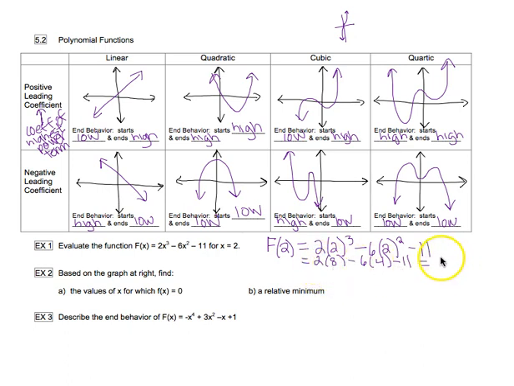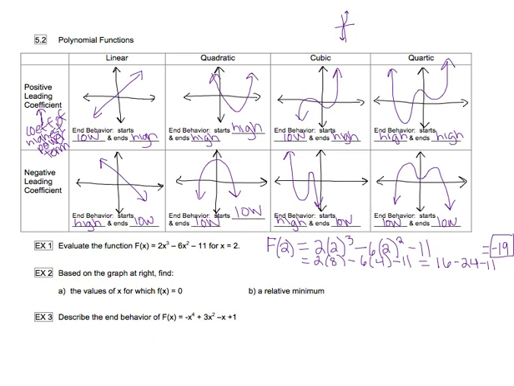So 2 times 8 is 16. Negative 6 times 4 is negative 24. So then I have 16 minus 24, which is negative 8, minus 11, which gives me negative 19. And so f of 2 would be negative 19 in this case.